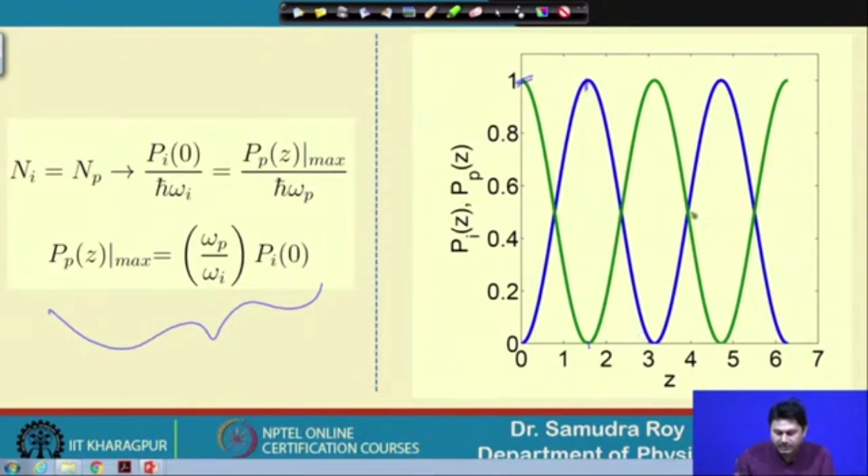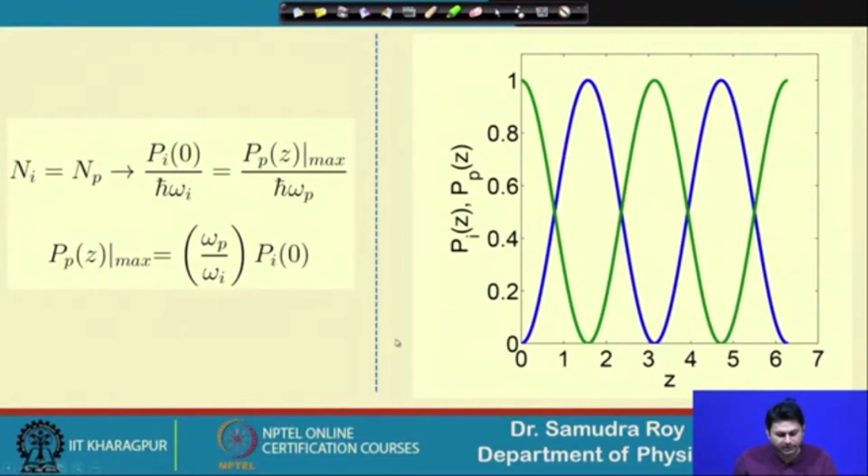So, now there is a power exchange between the idler and pump, and if this ratio is this, that means the total number of idler photons is now totally converted to the total number of pump photons. So, that means there is a power conversion, and this power conversion is periodic in nature.